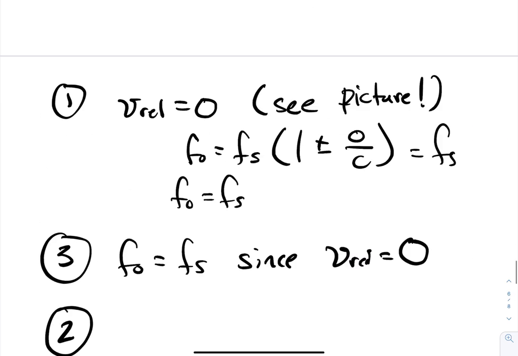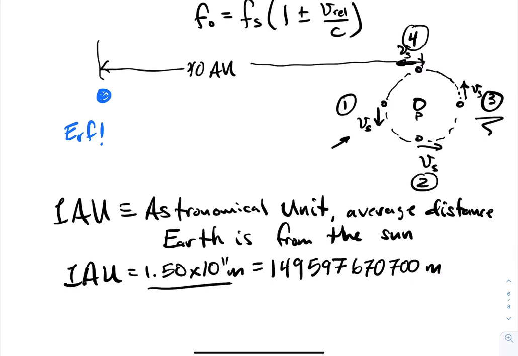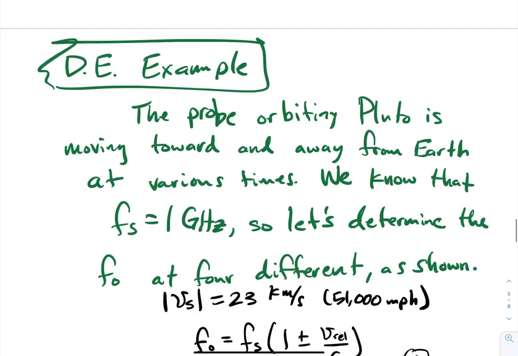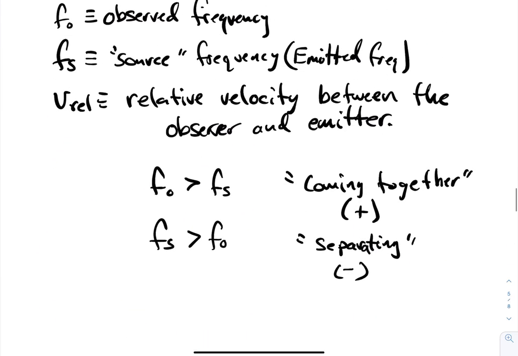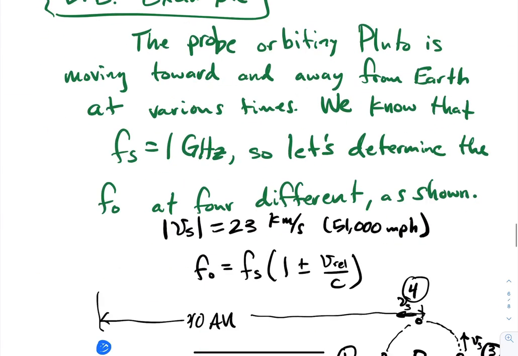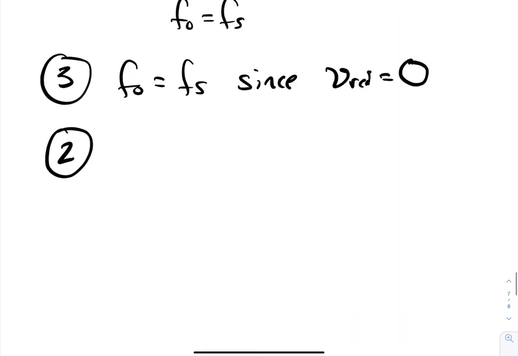Number 2, we have this one. Number 2 has a velocity moving away from Earth. Now, if we remember from our definition, if it's separating, we have a negative sign. And so we know for V relative, in this case, it will be negative 23,000 meters per second.